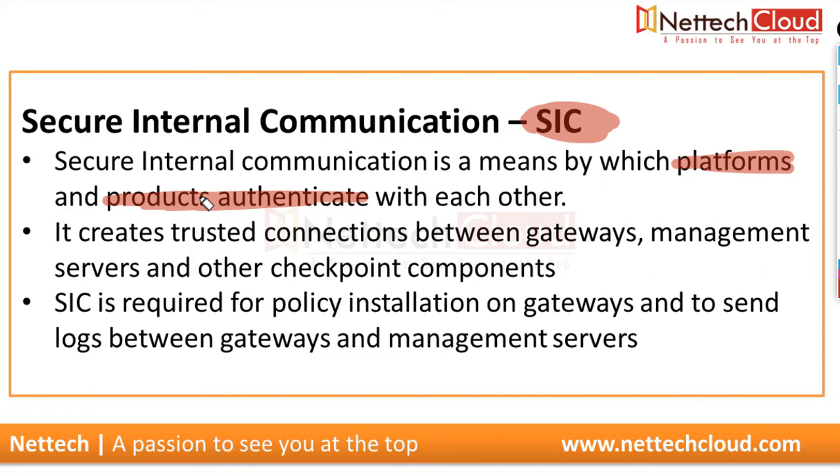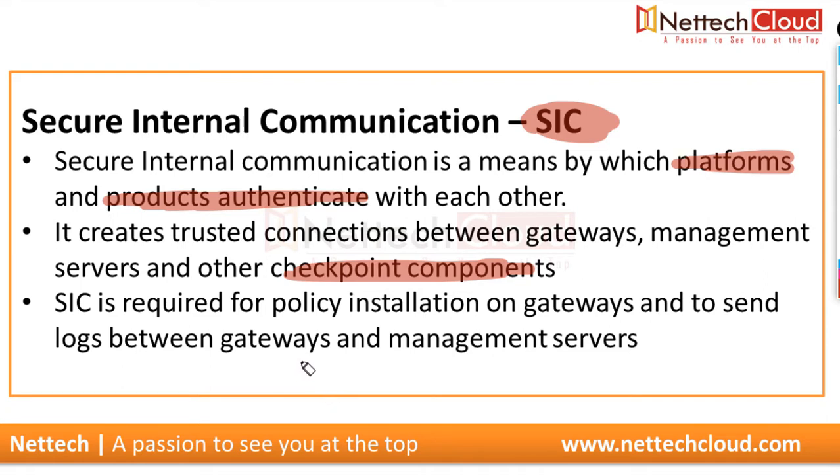A secure channel between the management server and security gateway. It creates trusted connections between gateways, management servers, and other Check Point components. SIC is required for policy installation on gateways and to send logs between gateways and the management server, right?